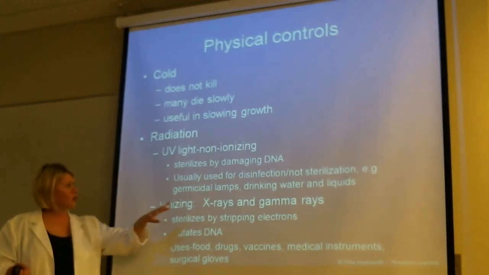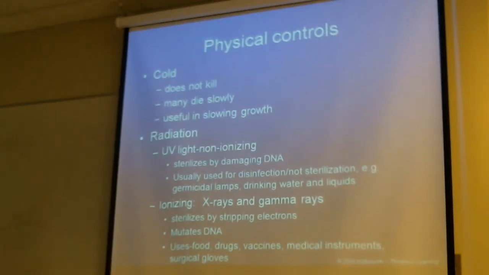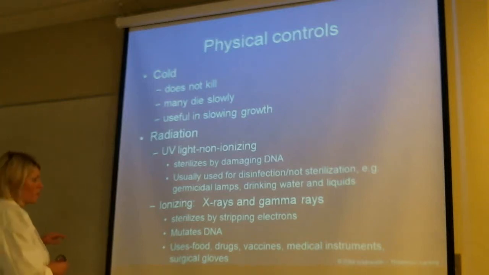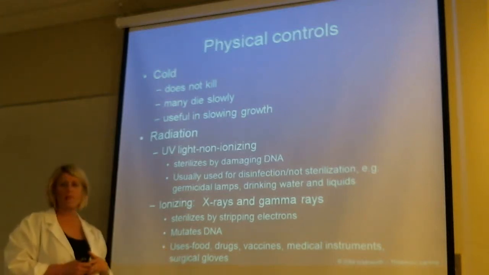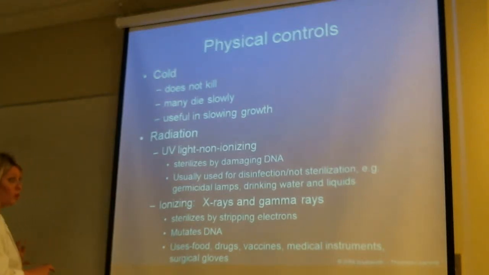Ionizing radiation, X-rays and gamma rays are examples of that type of ray that we use. It still targets the DNA, but it sterilizes by stripping electrons. And things that they might use this on would be food. There have been a lot of debates on how much antibiotics, especially in agriculture, we should feed various animals due to antibiotic resistance.